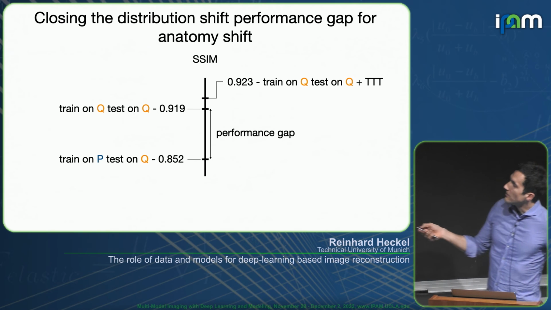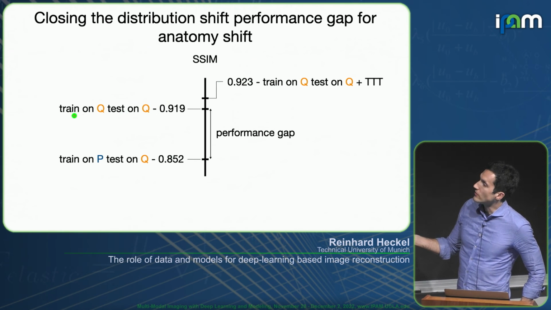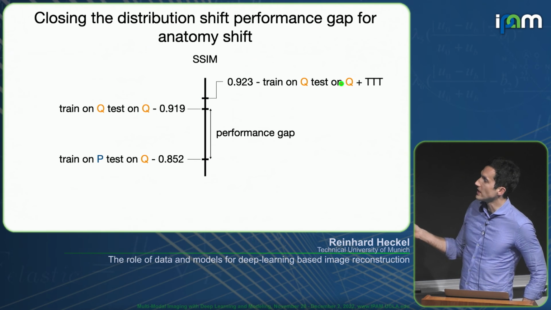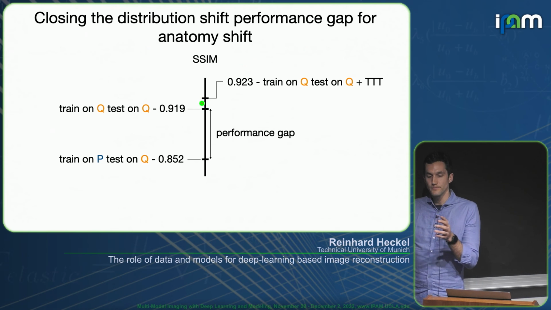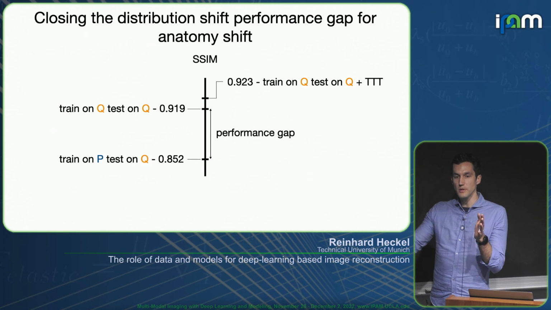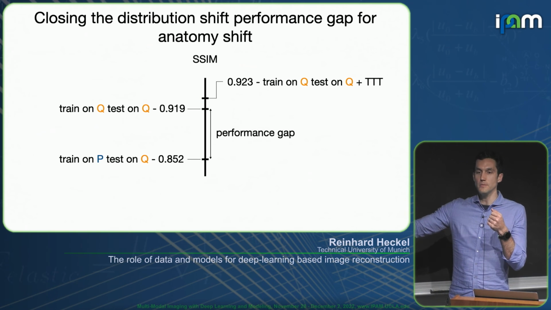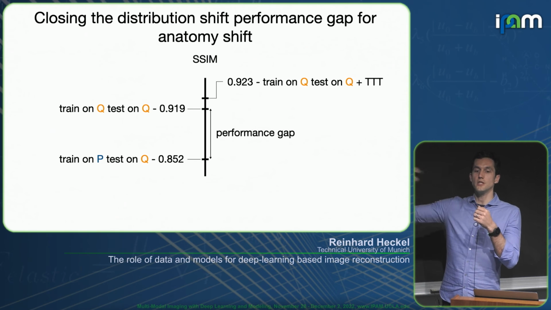Now if we apply test time training, then what happens is the following. If we train on Q and test on Q and perform test time training, we actually get a tiny performance improvement. That is really expected, because think about L1 minimization again. If you have, let's say, 100 images and you use the same regularization parameter for all 100, you get worse performance than if you choose the right regularization parameter for each image individually.